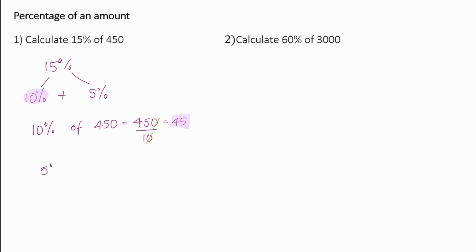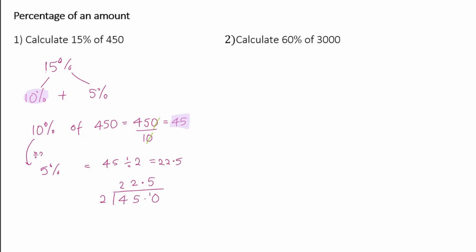To find 5%, we know that 5% is a half of 10%. We have divided 10 by 2 to get 5, so we can do the same thing. Our 10% was 45, so we can just divide our 45 by 2, and if we divide that, this gives us 22.5.